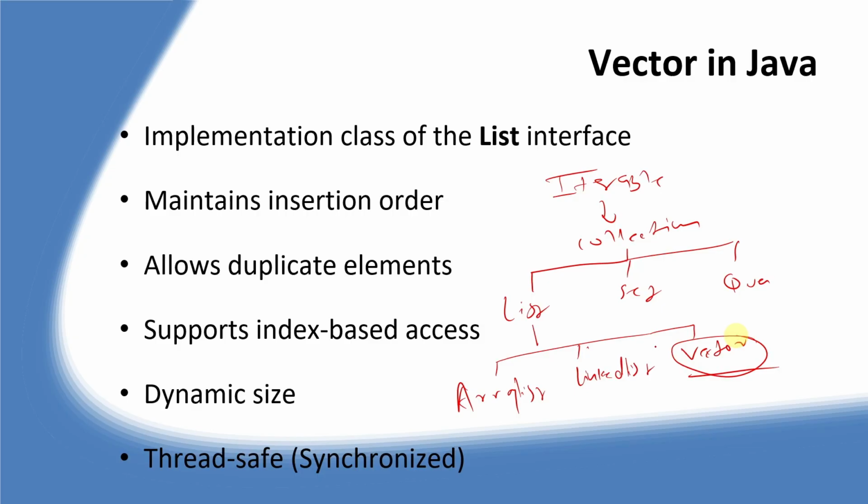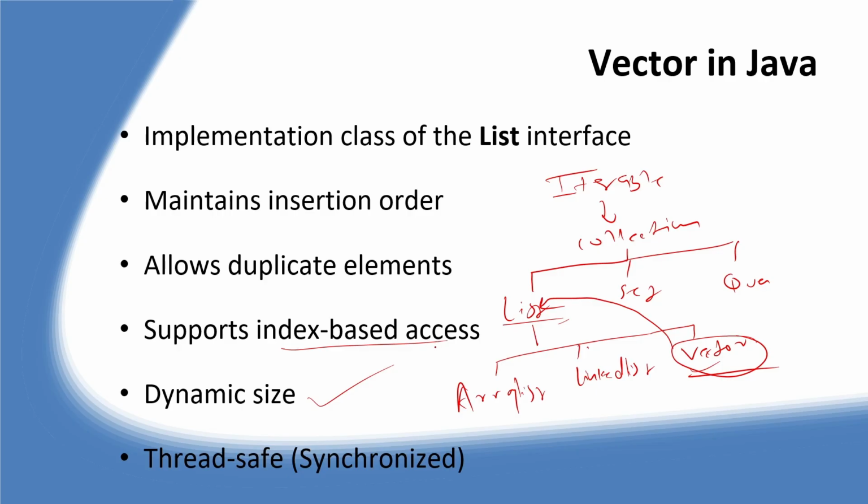So Vector is the implementation class of the list interface. Whatever properties we have read for the list interface, the same properties will come for the implementation class, since it is implementing that interface. Vector is a class that implements the list interface, and like ArrayList, it maintains insertion order, allows duplicate elements, supports index-based access, and grows dynamically.